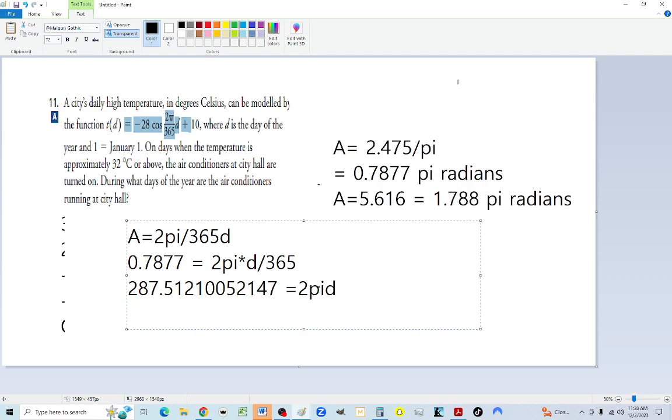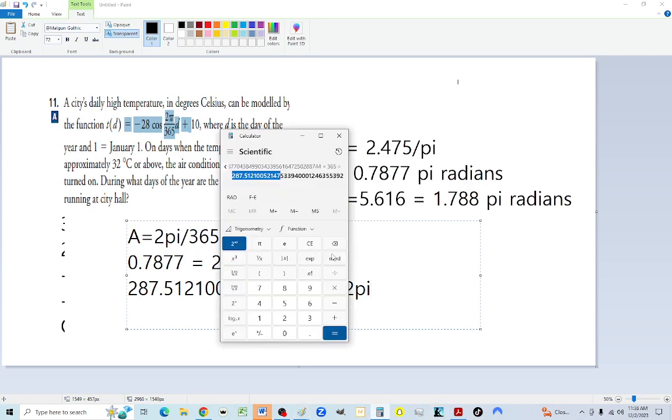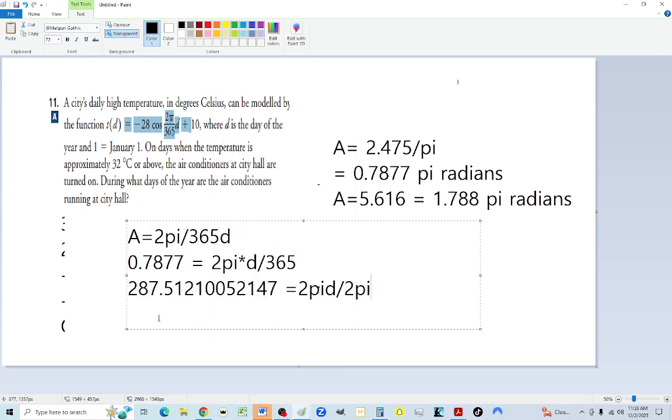We're going to divide both sides by 2 pi. And this will give us day 1. This is the first day.